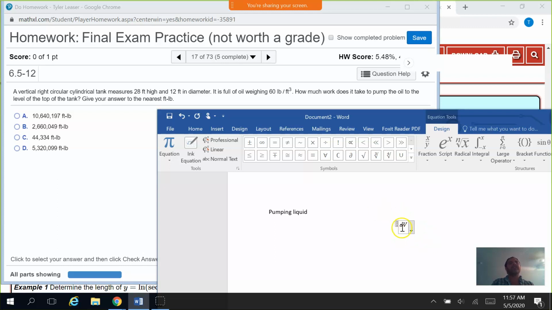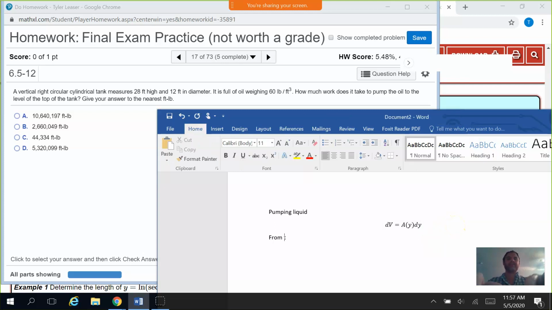The differential of the volume represents the volume of each of your slices. You get this by finding the cross-sectional area as a function of how high up the slice is, times dy, where dy represents the tiny height of each of those slices.